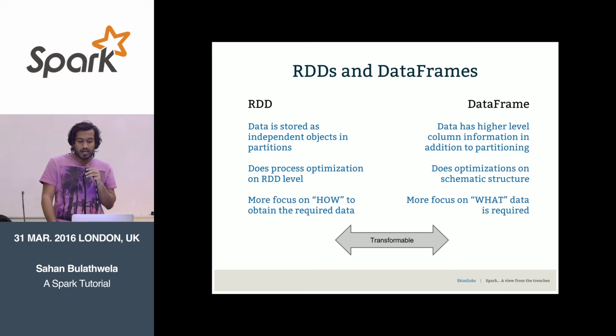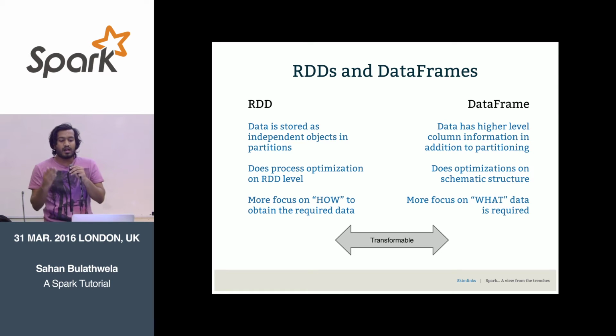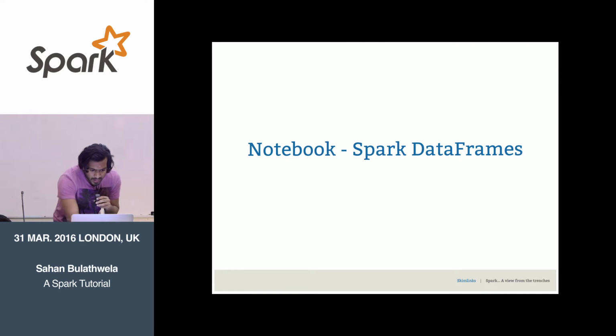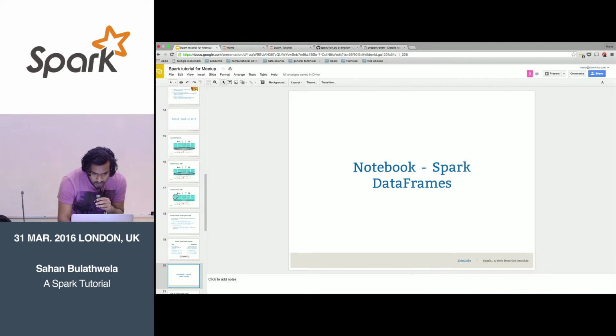Data frames enable you to do simple tasks easily, whereas RDDs let you do complex tasks. The other thing is RDDs can be turned into data frames, and data frames can be turned into RDDs. With that, let's move to the tutorial.